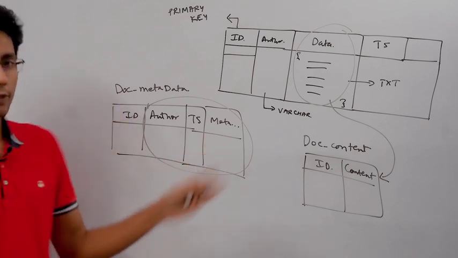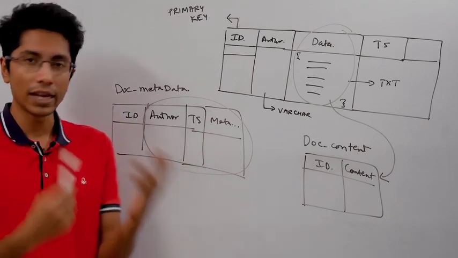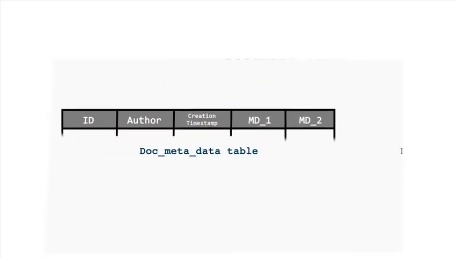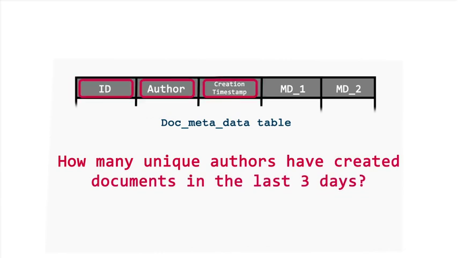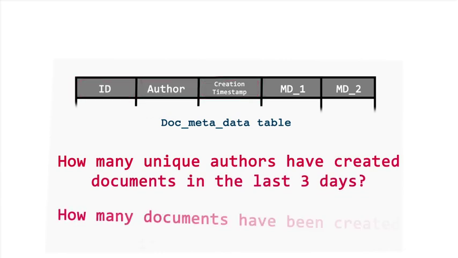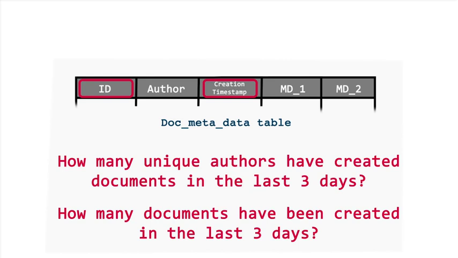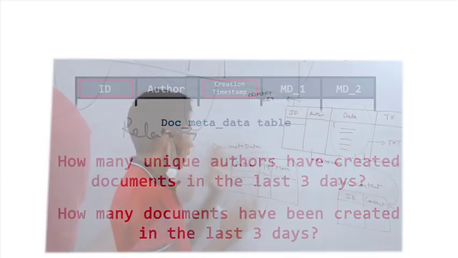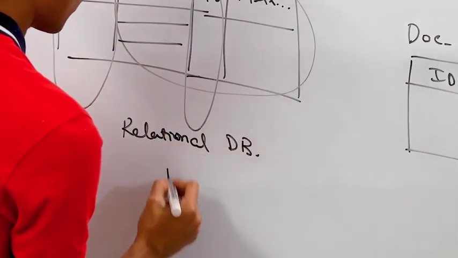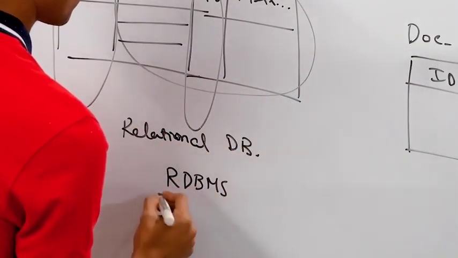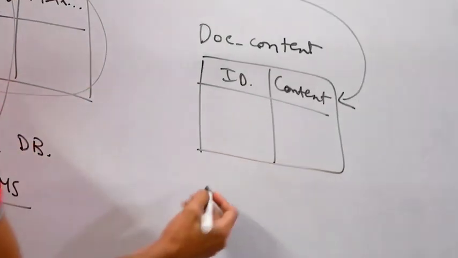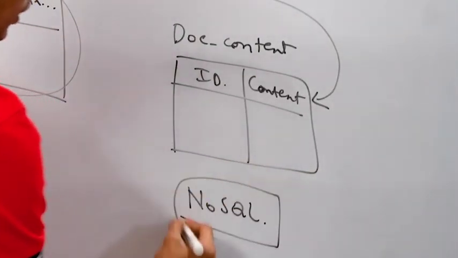And if you need metadata, which is very useful when you need some sort of relational data, you need to find out how many unique authors have created documents in the last 3 days. So that gives you the unique user count. You can also say how many documents have been created in the last 3 days. So you just need the count of the documents in the last 3 days. Then you just do a SQL query on the count based on timestamps. So something called an RDBMS is going to work here. And this content would be preferably stored in a NoSQL database.